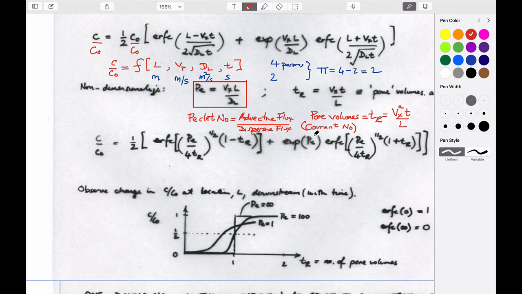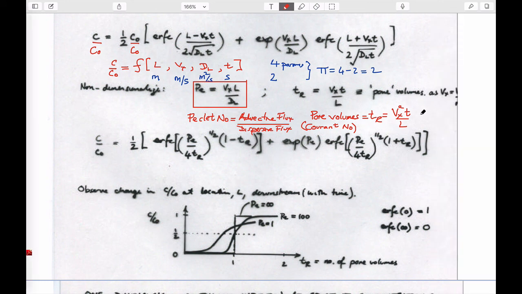And so it's a measure of stability for numerical models. It doesn't matter here. When this is equal to 1, the front is at the downstream location. In other words, it's at location L. But you know that.